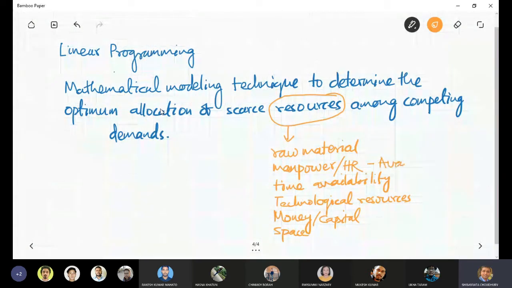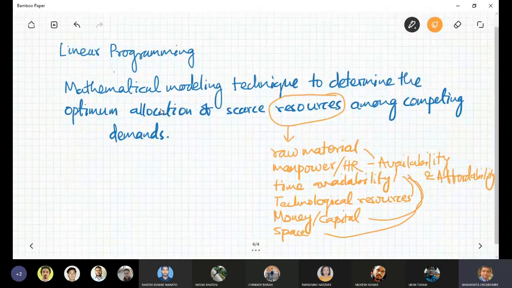There are issues related to availability as well as affordability. Determine the optimum allocation: as the resources are scarce, the issue arises that we have to make an optimum allocation.